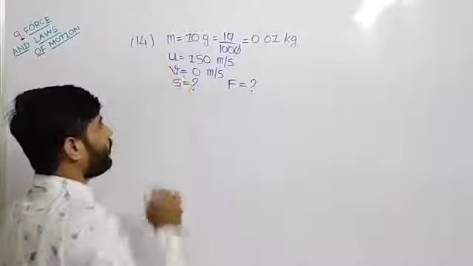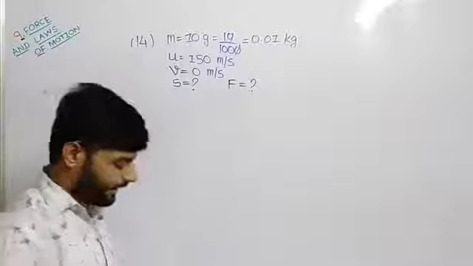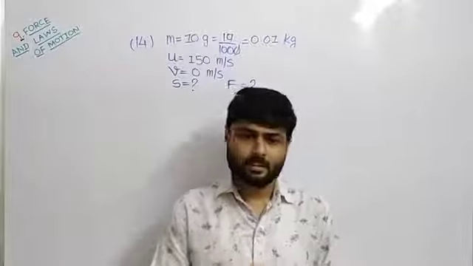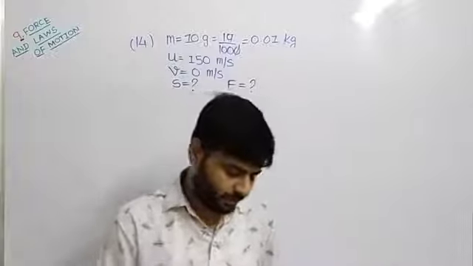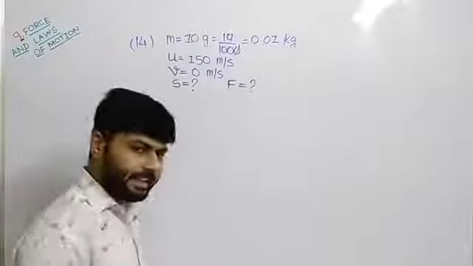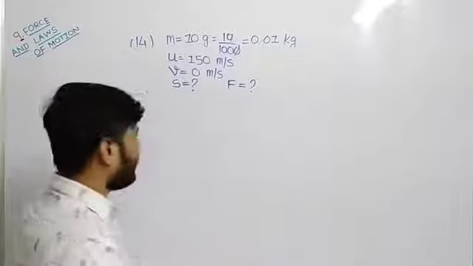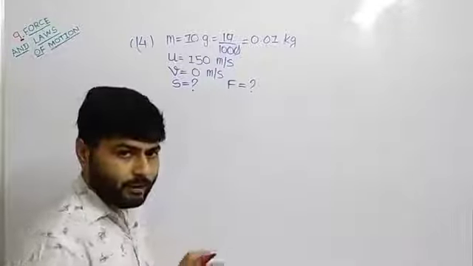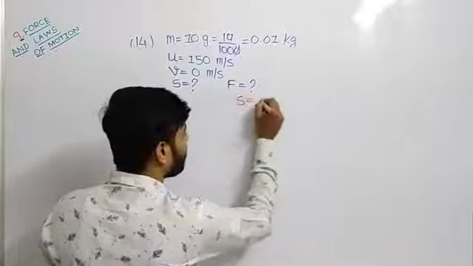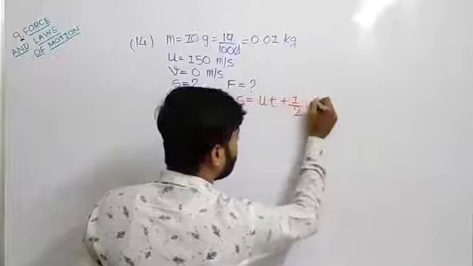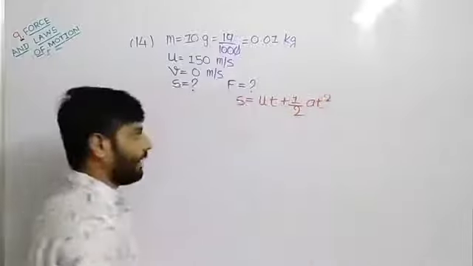Here we have the value of V, U and M. Try to remember the equations of motion. We have 3 equations, and from that I want to find distance. So I have one formula: S is equal to ut plus half at square.